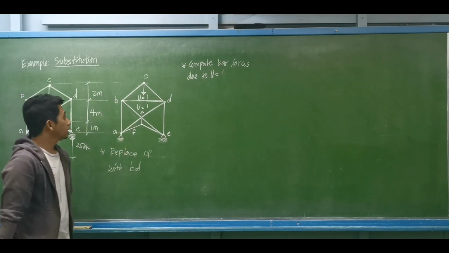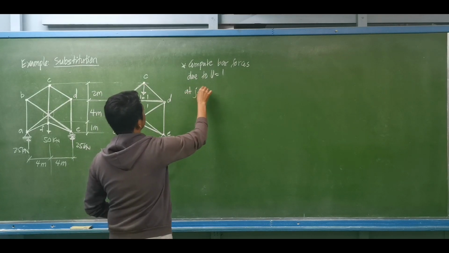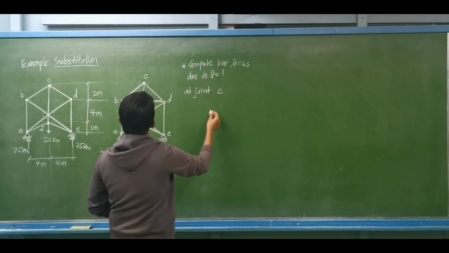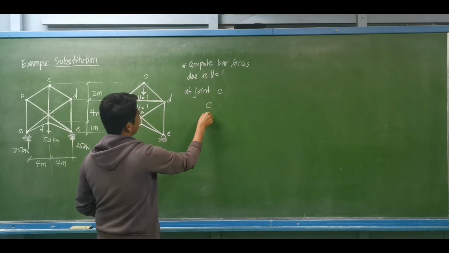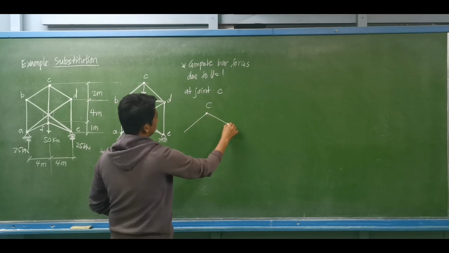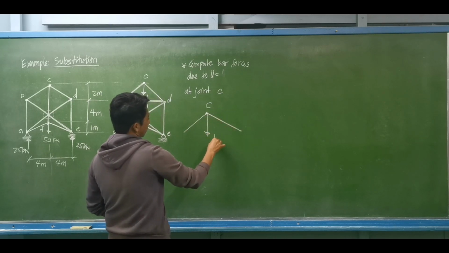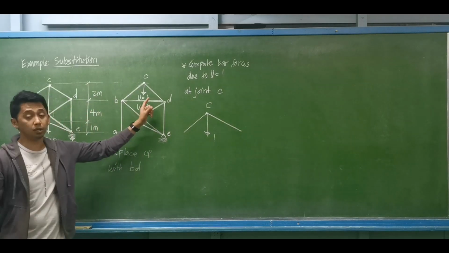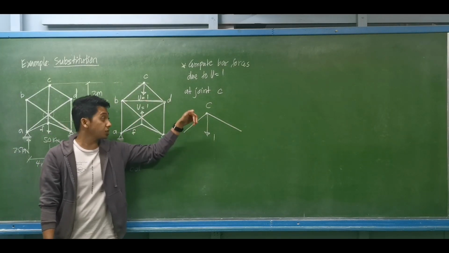We can start at joint C, where our unit load of 1 is acting. As you can see, the unit load is downward.